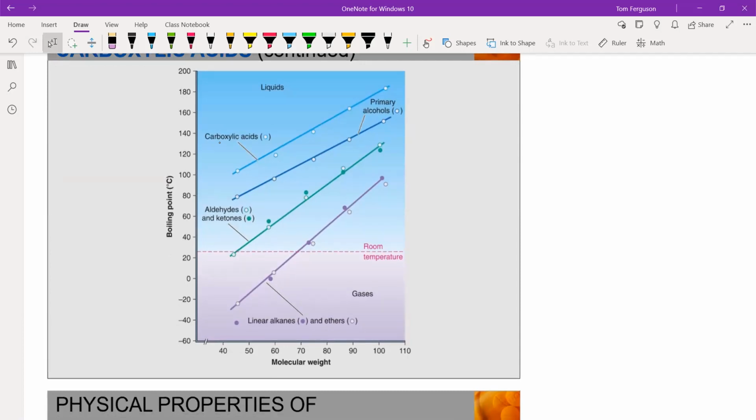So typical question would be, I'd give you 5 things, aldehydes, ketones, alkanes, etc. Which has the highest boiling point, which is the lowest, which is the most soluble in water, which is the least soluble in water, those type questions. So the acids get the highest boiling point.